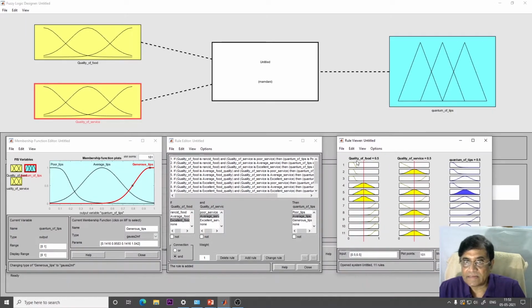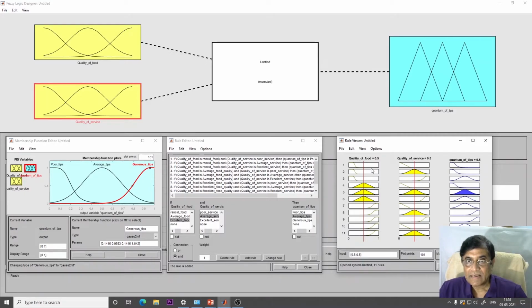You see, the result is telling if the quality of food is average, quality of service is average, tips is also average, and in a defuzzified form, it's giving you a concrete value. If you now give that I have spent 2,000 rupees, what will be my tip? In a defuzzified form, it will give you the suggestion.